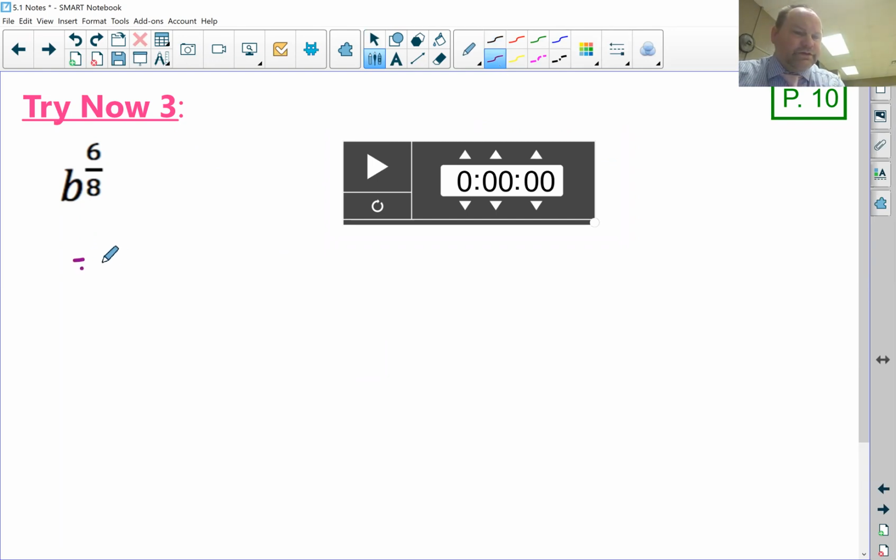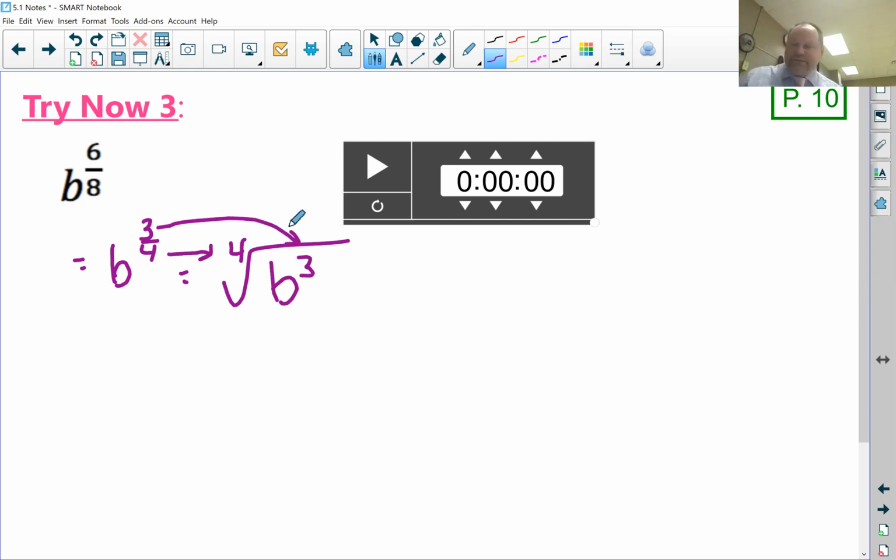So this is the same as b to the 3/4. Now we get the 4th root of b cubed. 4 goes as the index, 3 goes as the exponent.